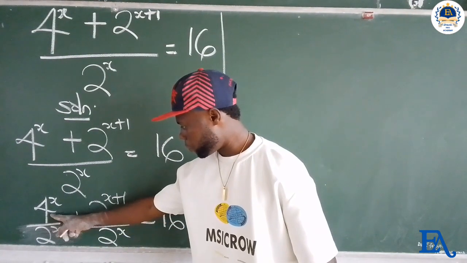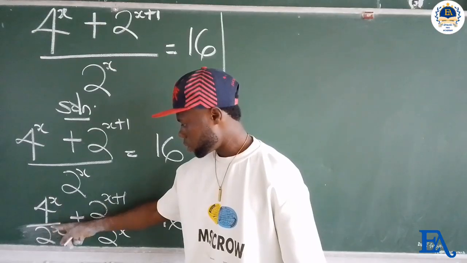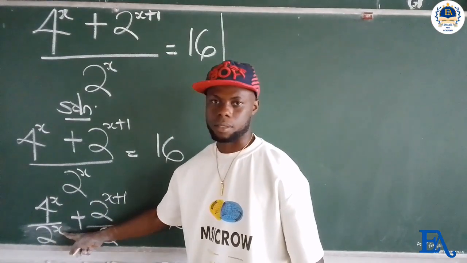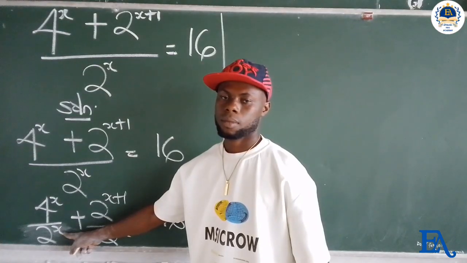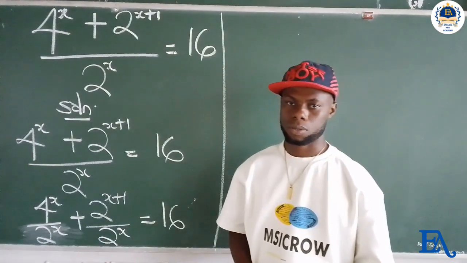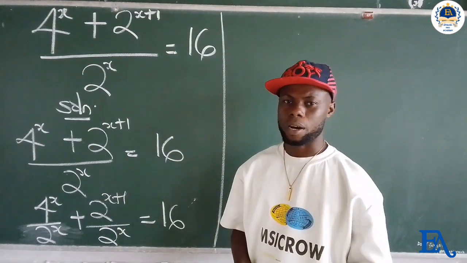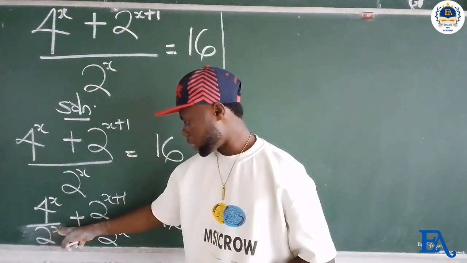From here, we have 4 raised to the power of x divided by 2 raised to the power of x. Now this is very simple because they are sharing the same power, x and x.